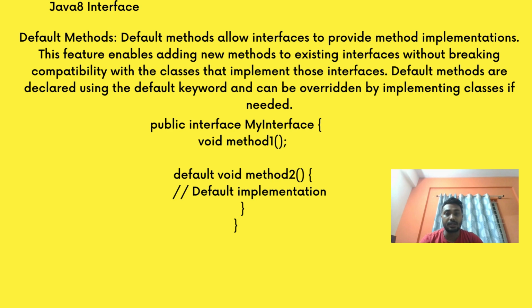Default methods are declared using the default keyword and can be overridden by implementing classes if needed. You can see public interface MyInterface, then we have a void method, then void method1, and then method2. You can see the method1 is empty, whereas default void method2 has a default implementation.